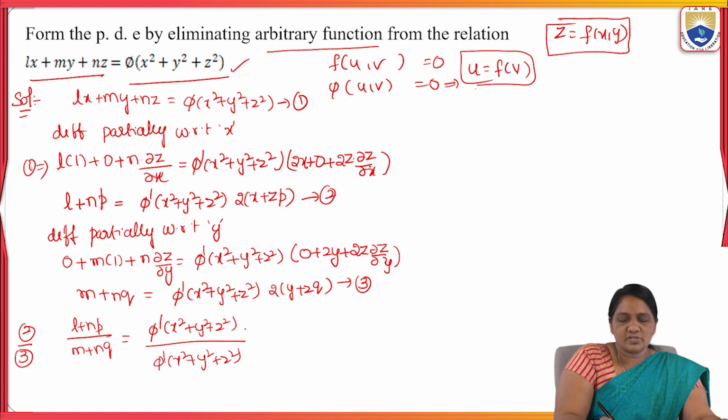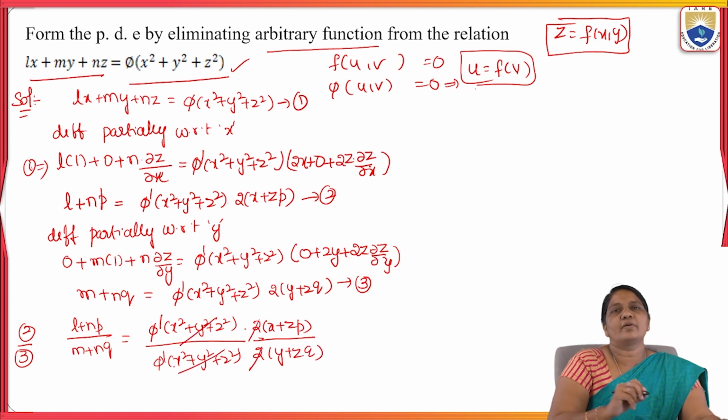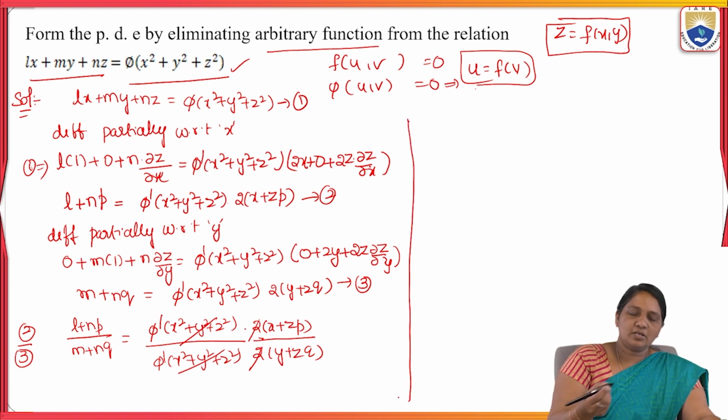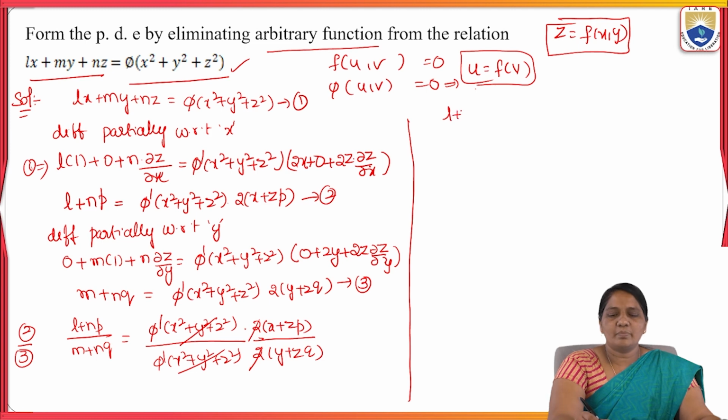Here in the second and third equations we have 2 into x plus zp by 2 into y plus zq. So 2 will be cancelled, and phi dash of x square plus y square plus z square will be cancelled. Now finally, what is the equation I am getting here? l plus np by m plus nq is equal to x plus zp by y plus zq.